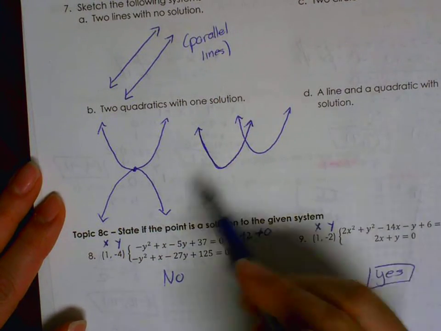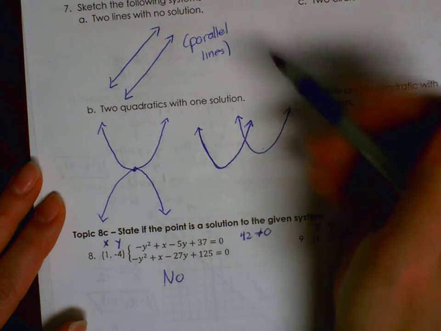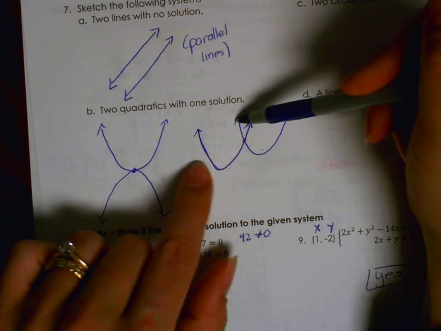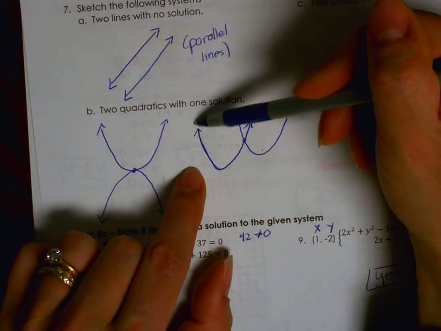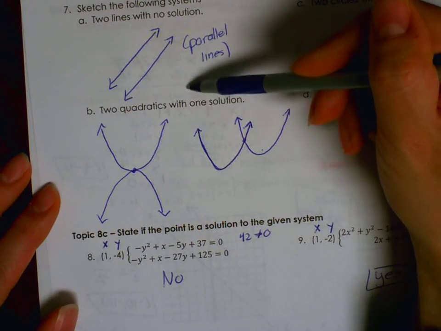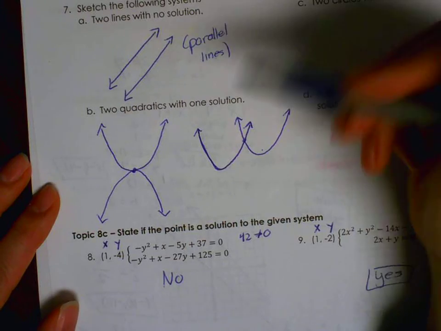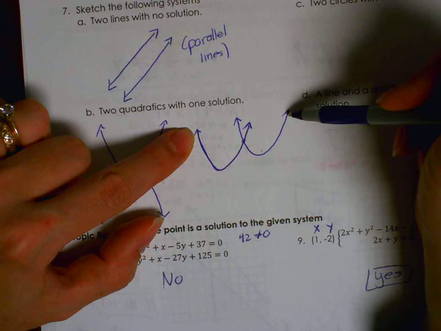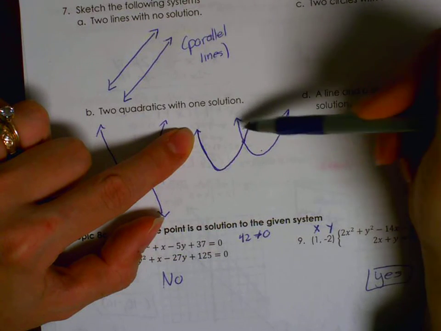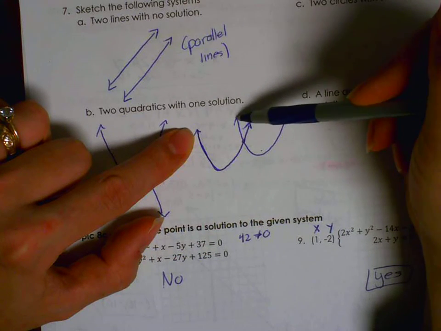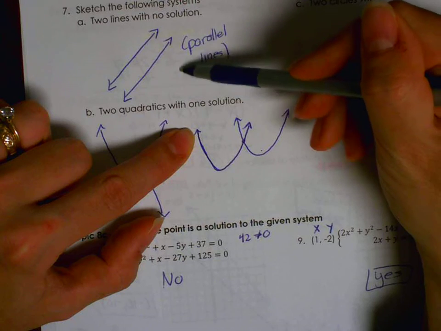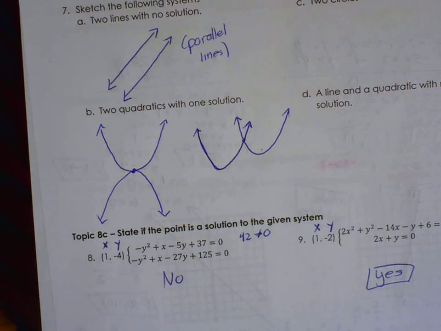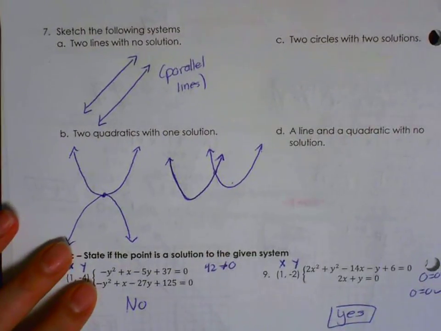If I took this parabola and I moved it over, they would intersect here in this 1 spot. And even though this is going forever and ever in this direction, so is this. So they're almost like parallel parabolas in this part, from here and here. It's the same parabola, I just moved it over. So they only intersect in 1 spot because this was never going to touch this because that's also going forever and ever. Same thing as that one. So that's 2 examples of 2 quadratics with 1 solution.